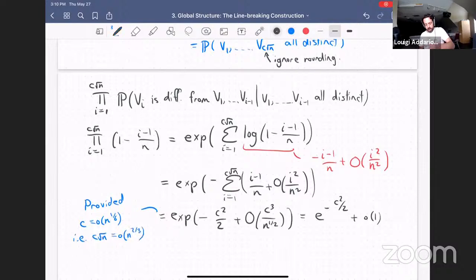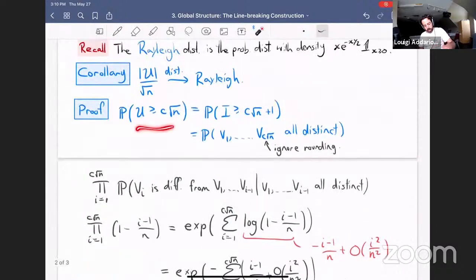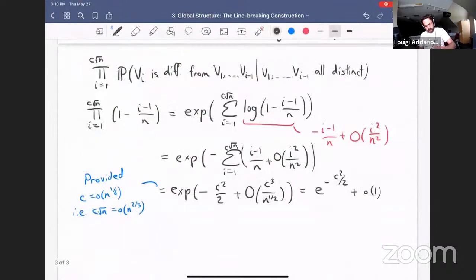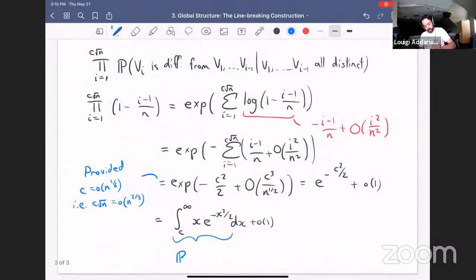Okay, and now the point is that we have this asymptotic for the probability u is at least c root n, and the answer we got we can rewrite as the integral from c to infinity of x e to the minus x squared on 2 plus little o of 1, and that's the Rayleigh density sitting inside that integral.